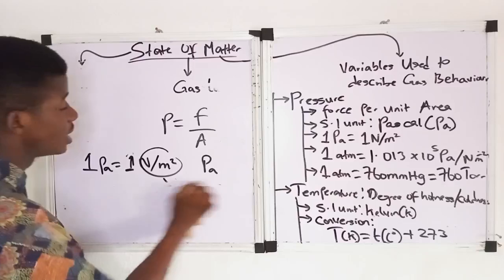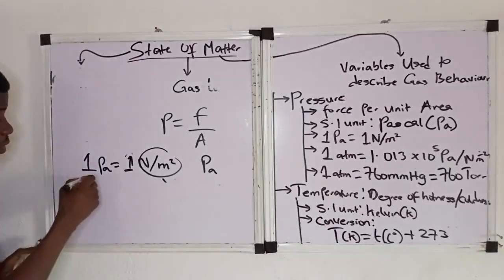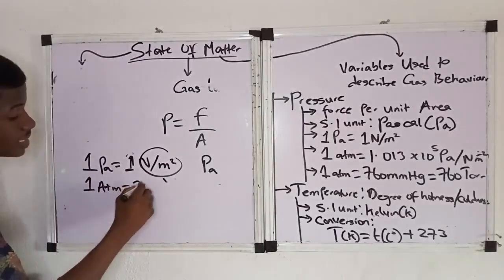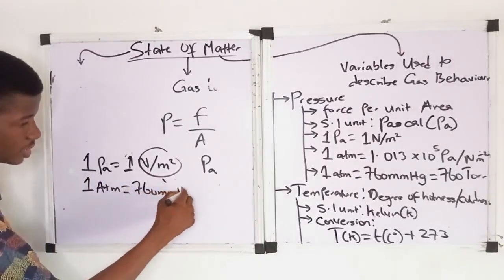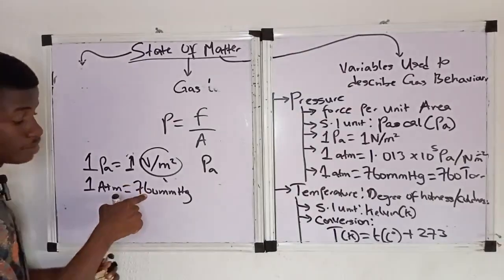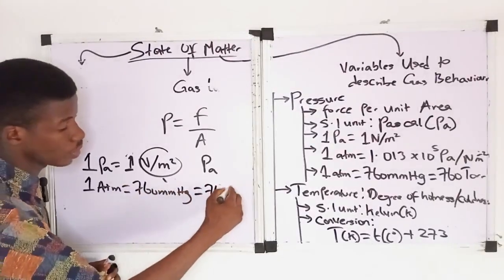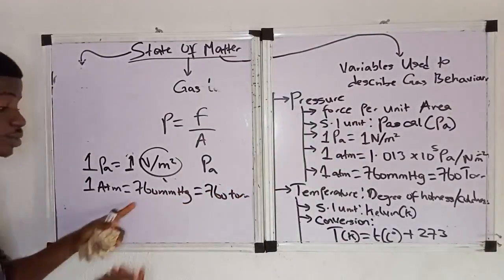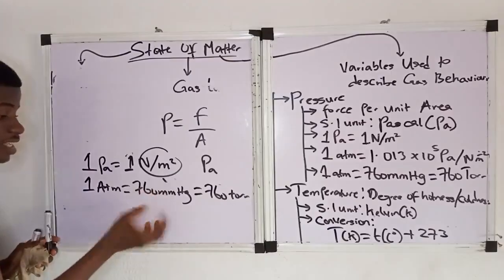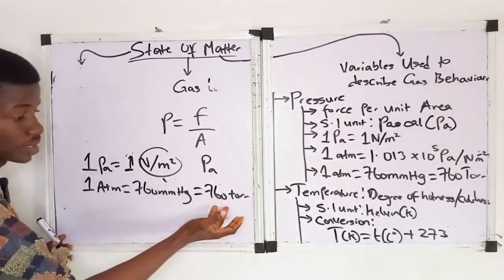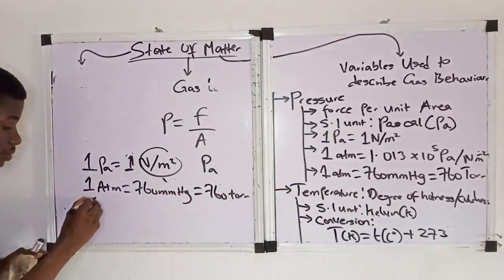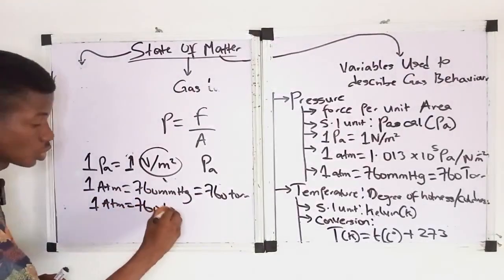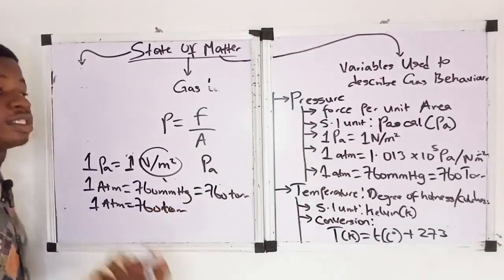Also, 1 atmosphere is equal to 760 millimeters of mercury, and 760 millimeters of mercury is equal to 760 torr. So that tells you that 1 atmosphere is also equal to 760 torr.